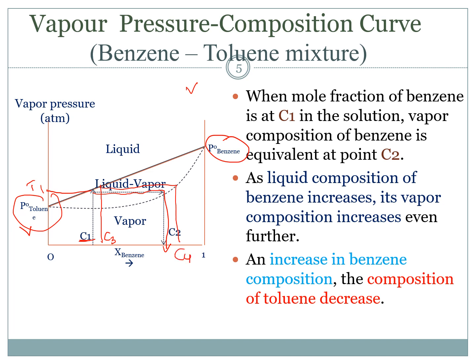So you will see that when the liquid composition of benzene increases, the vapor composition also increases. And then this one is mole fraction for benzene. This one 0, this one 1. And then mole fraction for toluene, 0 and then 1. With an increase in benzene composition, the composition of toluene decreases.